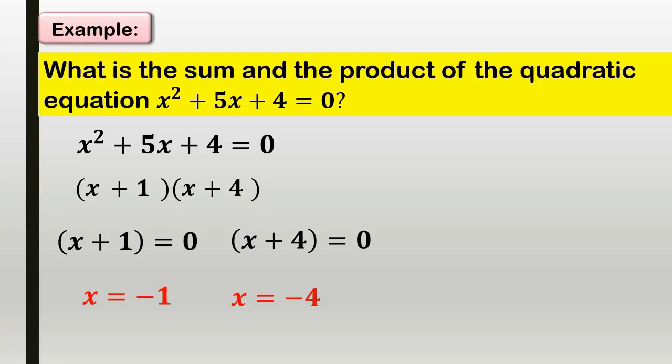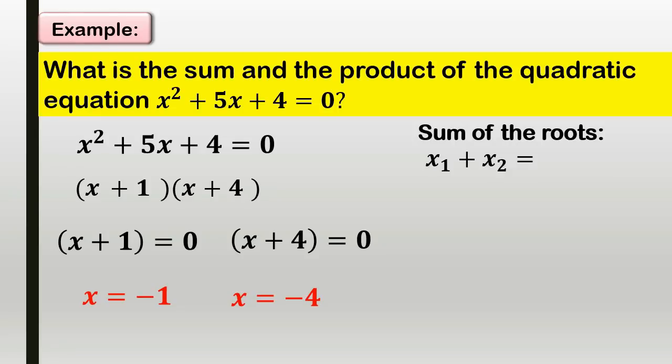So, let's proceed first for the sum of the roots. From the word, sum means positive. So, ibig sabihin, kailangan nating ipag-add. Pagsamahin natin or i-add natin. Okay, the formula that we can use for the sum of the roots is x sub 1 plus x sub 2.